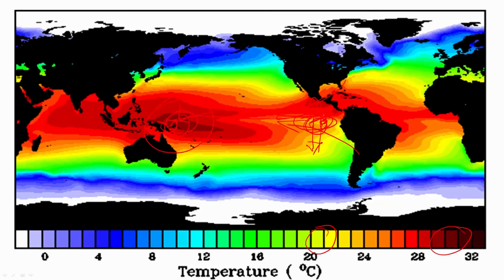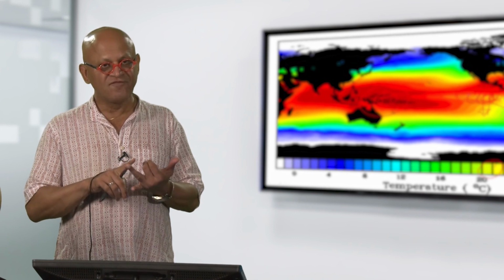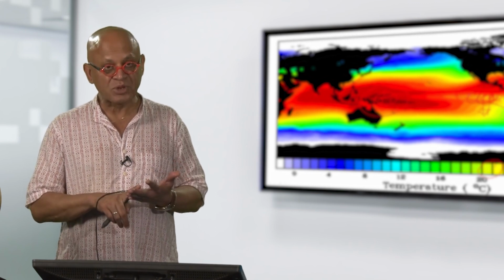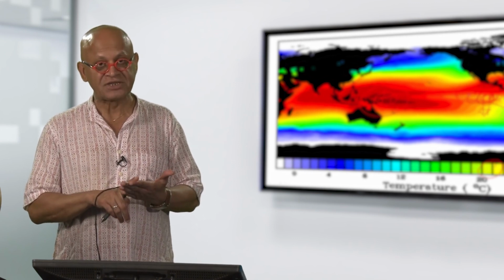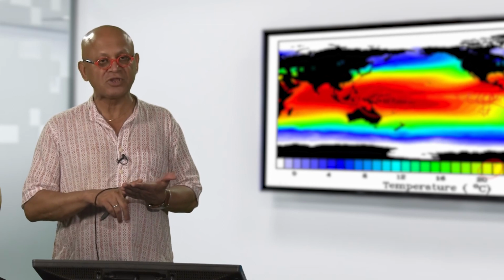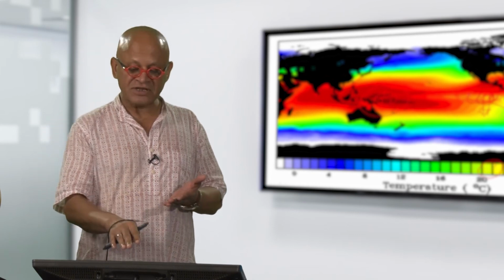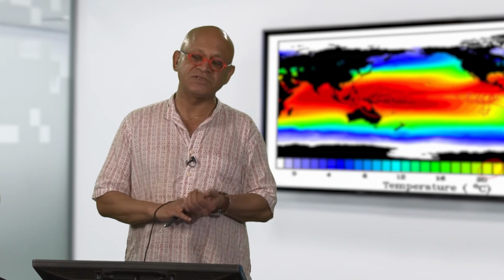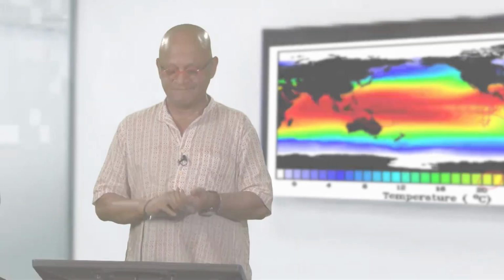So, the upwelling, it turns out, is very important for a lot of things like phytoplankton production, fish production, cold temperature production, and El Nino and so on. We will come back to El Nino in another module. There are some interesting problems associated with this module that you can work on.